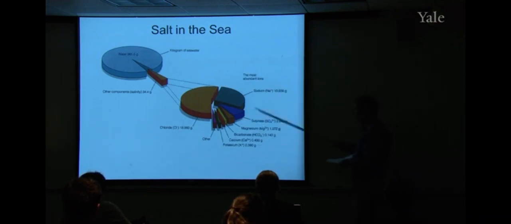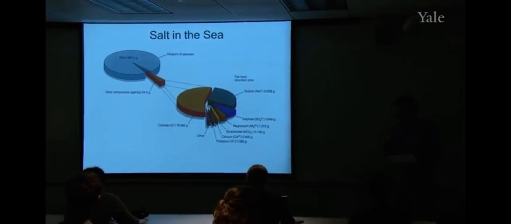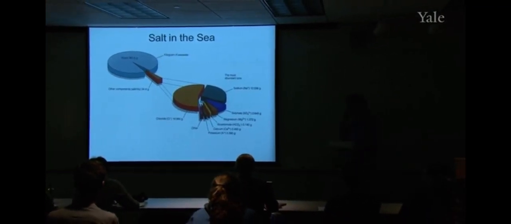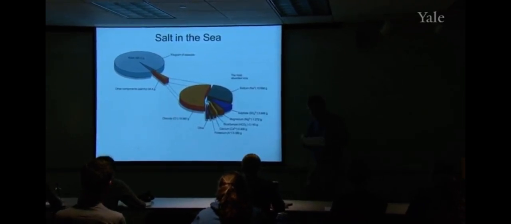The reason they can make a diagram like this is these relative proportions are the same everywhere you go in the world ocean. Even when the salinity varies a little bit, maybe down to 34 or up to 36, these all increase in proportion so that these relative numbers are quite stable when you go from place to place in the world ocean.